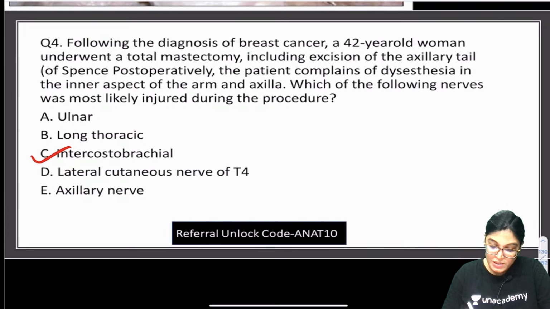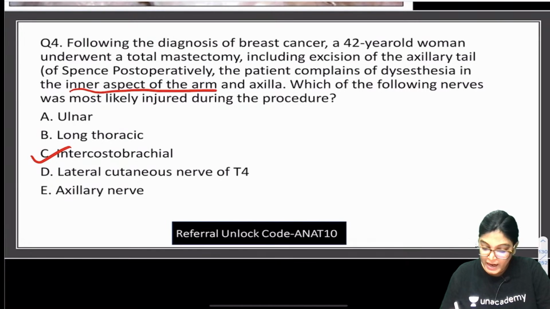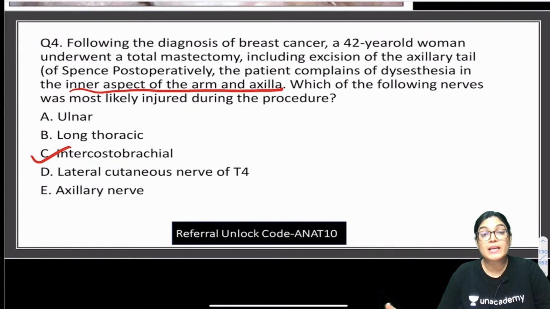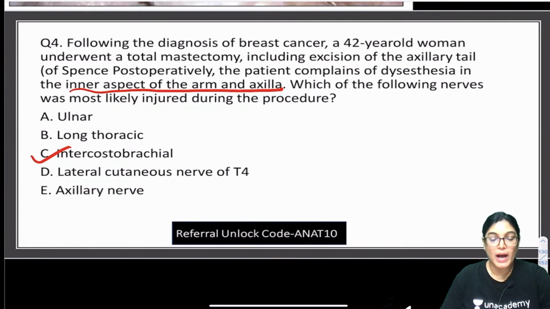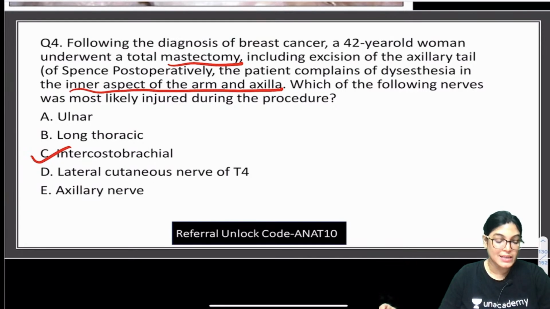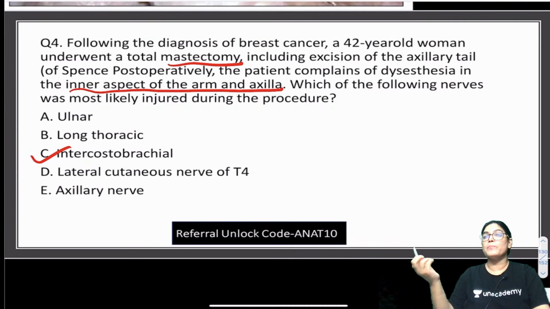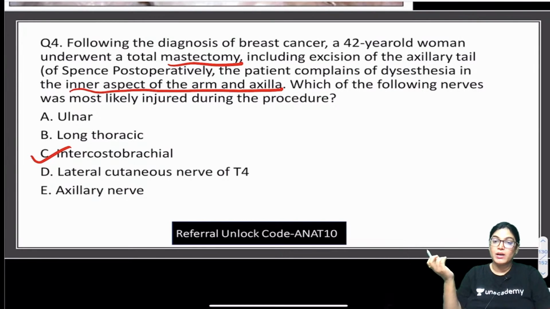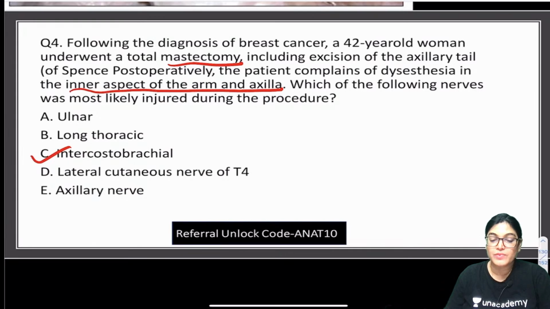The key points provided are the inner aspect of the arm and axilla, meaning sensation on the inner aspect of the arm is affected, and the procedure performed is mastectomy, where the axillary tail of Spence is approached. The intercostobrachial nerve, which is a branch from the second intercostal nerve, provides innervation to the medial aspect of the arm.